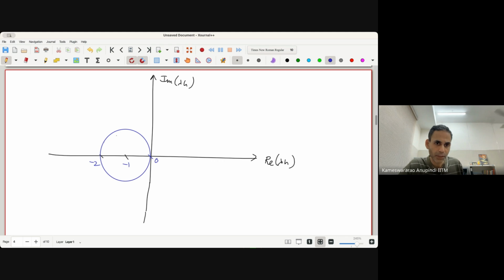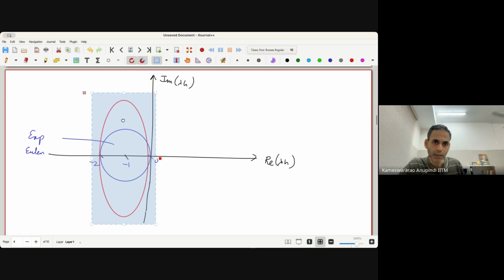So this is for the explicit Euler. Now, if you do this exercise, whatever I have just described, you're going to get a diagram that looks something like this, a little bit elongated.